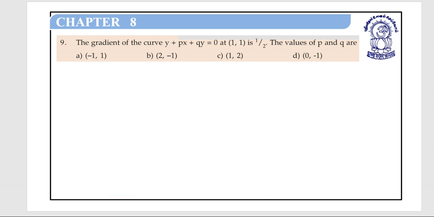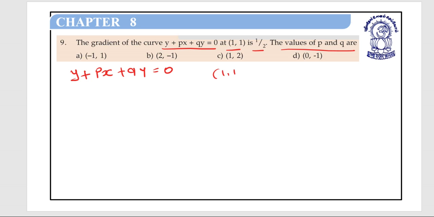Now question number 9. The gradient of the curve y plus px plus qy is equal to 0 at (1, 1) is 1 by 2. The values of p and q are? y plus px plus qy is equal to 0.